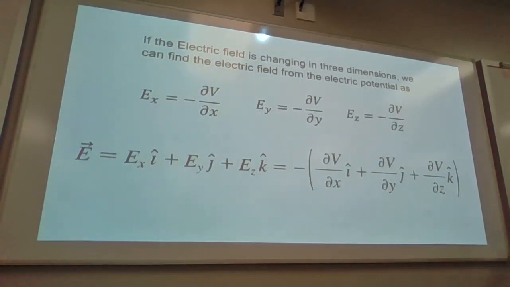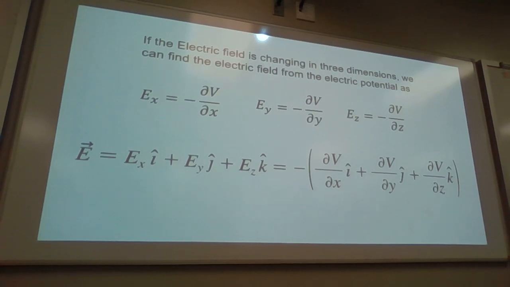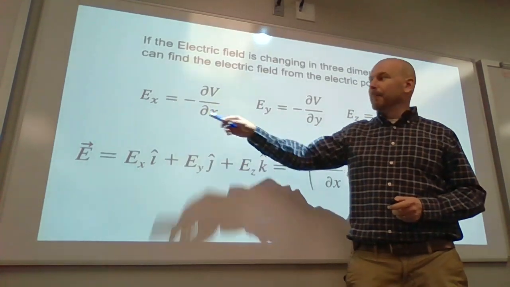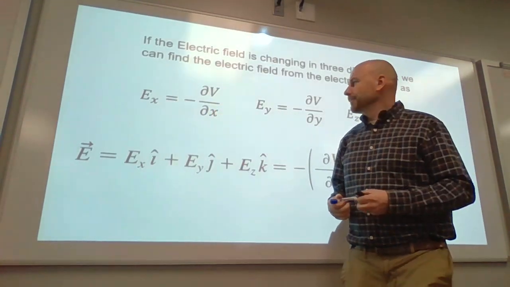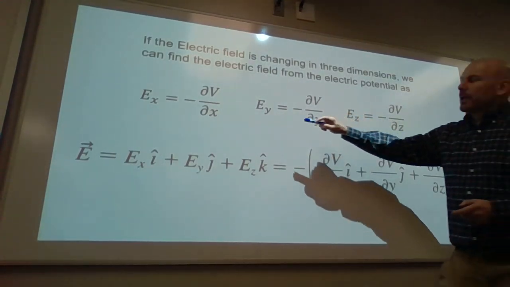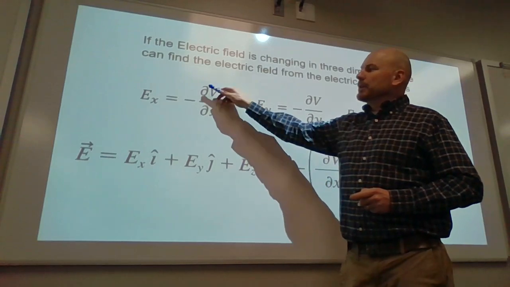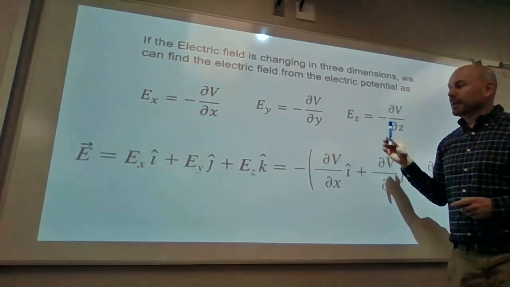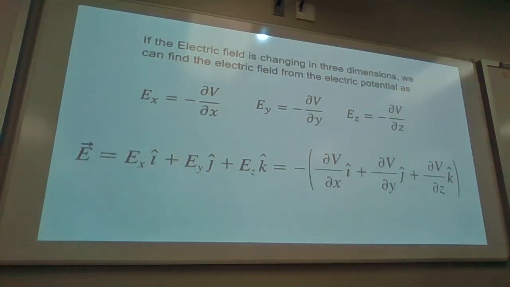Okay? So, if the electric field is changing in 3 dimensions, we can find electric field from the electric potential as the following. This is known as a partial derivative. I'll tell you here in a second. We're finding the derivative of each component in x, y, and z independently.